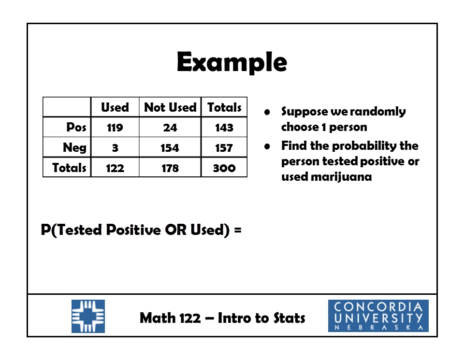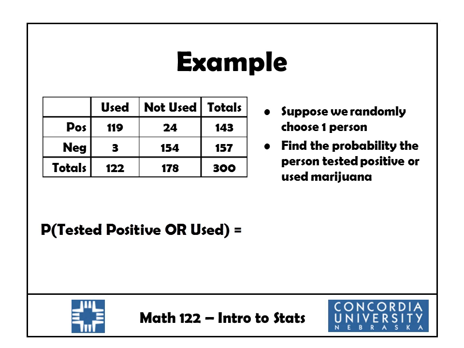Those people tested positive and used, so we're going to count them. The 24 right next to them, they also tested positive, so we're going to count them. The 3 there in the second row, they used marijuana, so we're going to count them. 154 next to them, they tested negative and did not use, so we're not going to count them.